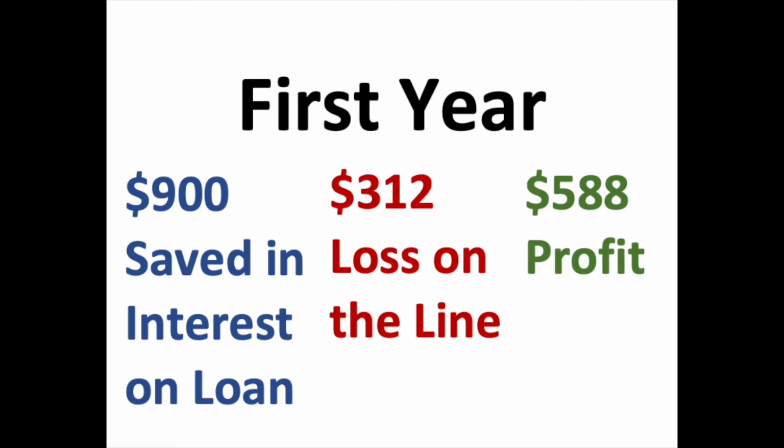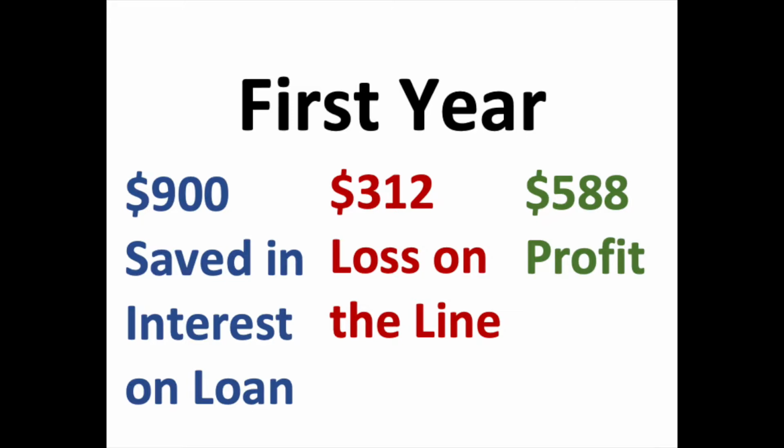So what happens is I end up saving about $900 in that first year on the loan through the monthly interest redirection. And then I end up paying about $312 in interest to use that line of credit. So all in all, I'm saving about $588 through the monthly savings and redirection of interest into principal.